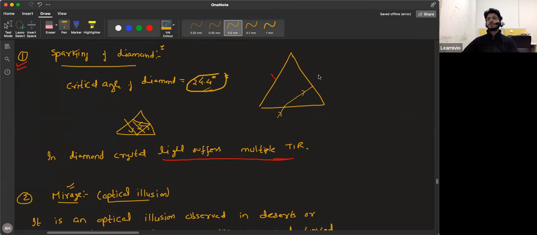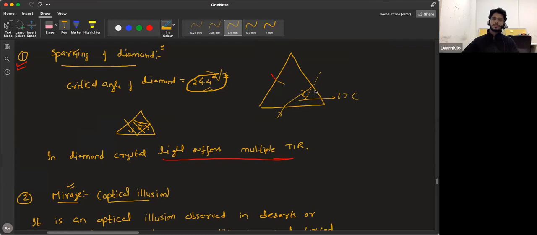Now it gets incident over this particular face. And let's say this is the normal. In diamond, the critical angle is very small. It's 24.4 degree. So the ray which tries to come from this face is very likely to have angle of incidence greater than this 24.4 degree. Means angle of incidence will be greater than critical angle.